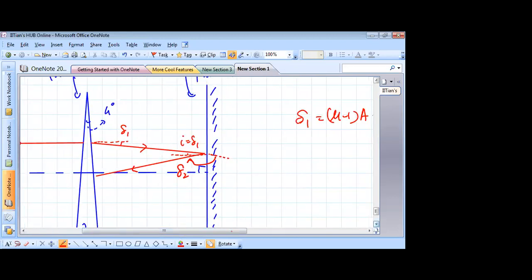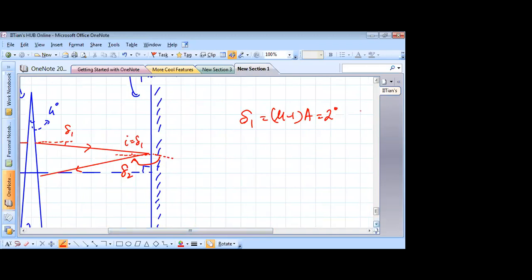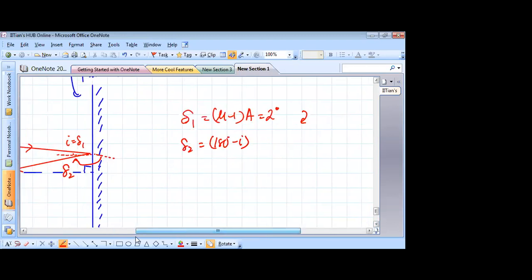So delta 1 was clockwise. Delta 2 will also be clockwise, which is 180 minus 2I. So that is 176 degrees clockwise.